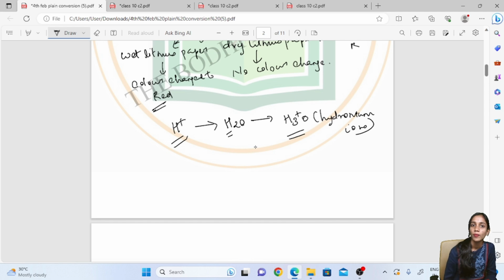So acids show their acidic properties only in the presence of water, or only in the aqueous state, because the H plus ions can exist only in the presence of water and they exist as H3O plus ions.